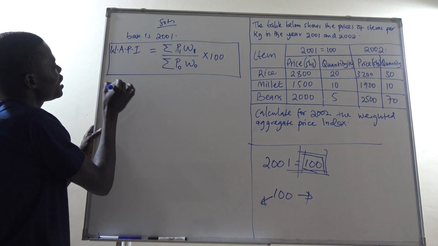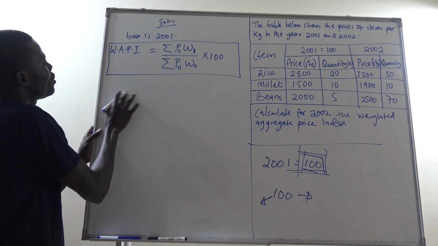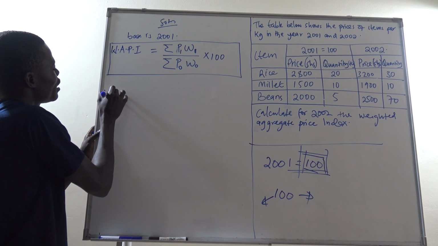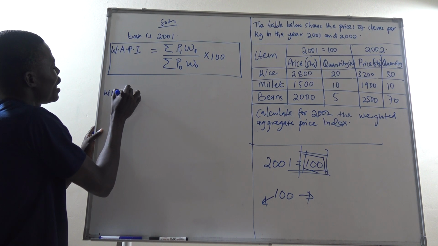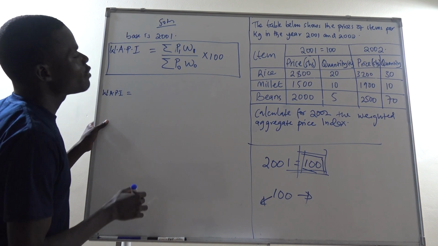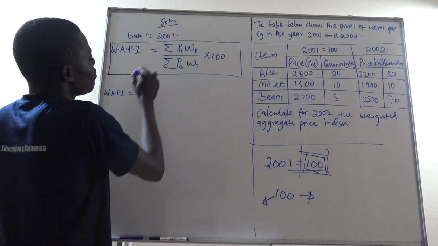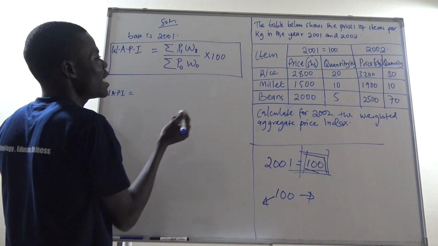Then we start getting the value. So our weighted aggregate price index is given by the summation of the price and their weight.